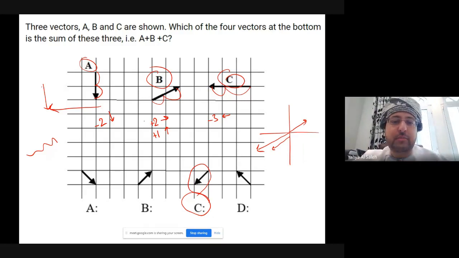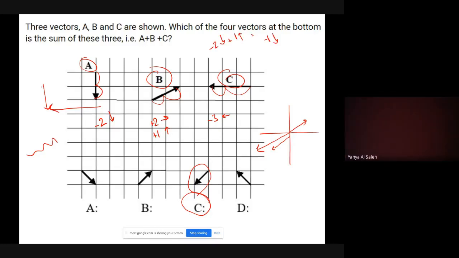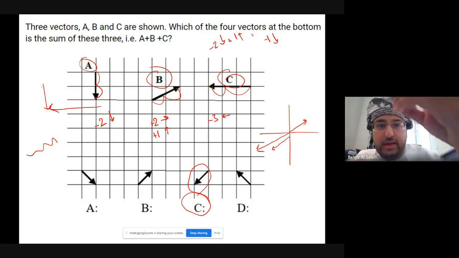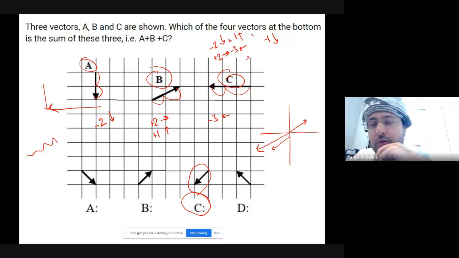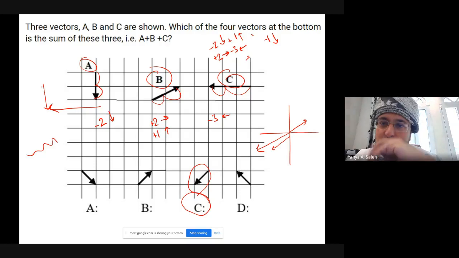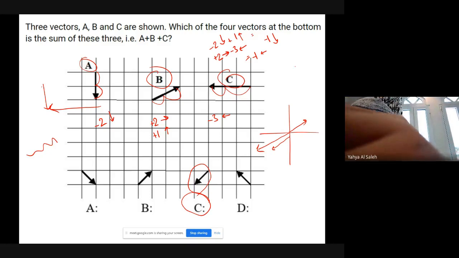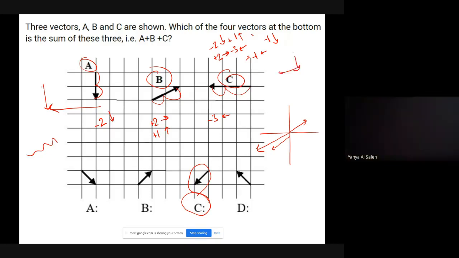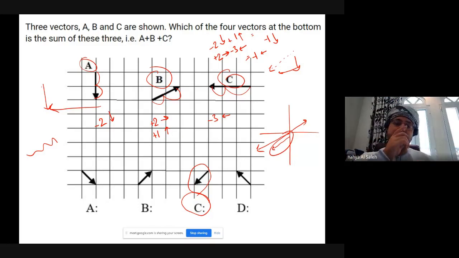I get minus 2 down plus 1 up. This is equal to minus 1 down. And I have plus 2 right, minus 3 left, which is equal to minus 1 left. So I end up with this and this, which means my resultant will be in this direction, which is what we said graphically.